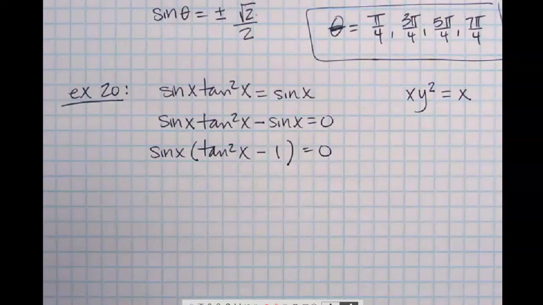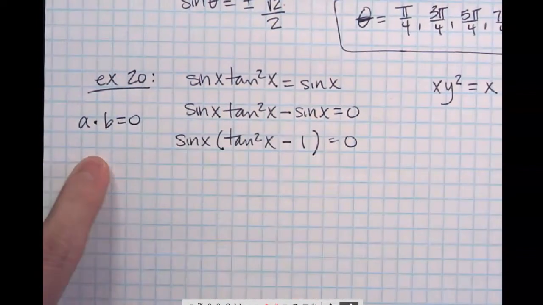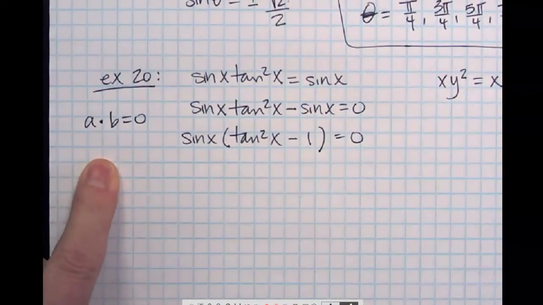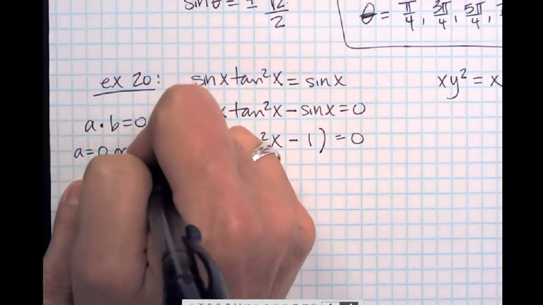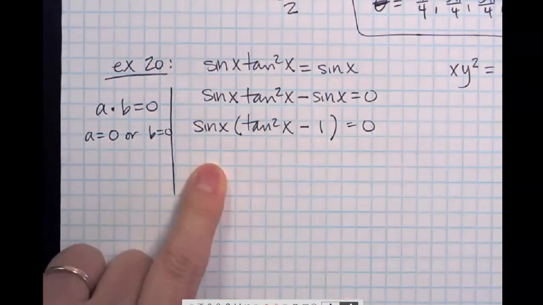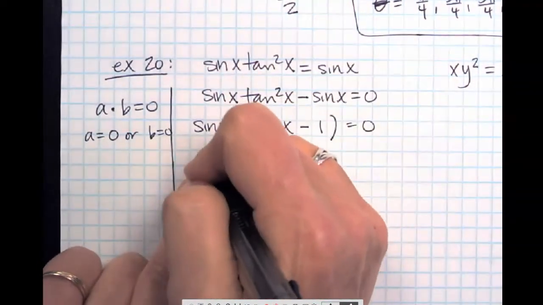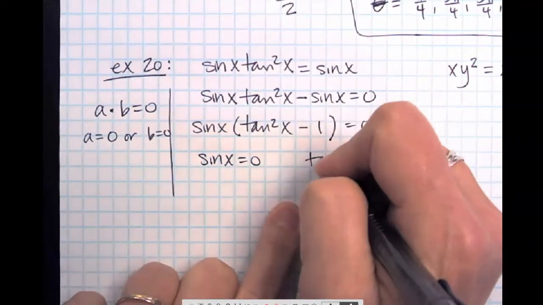Okay, now remember that lovely zero product property that says if 2 things are multiplied and their product is 0, at least one of them has to be 0. Okay, so that's what I'm going to do. I'm going to say, okay, here's one thing. Either that is 0 or this is 0.